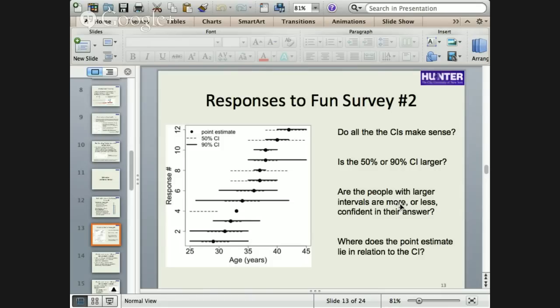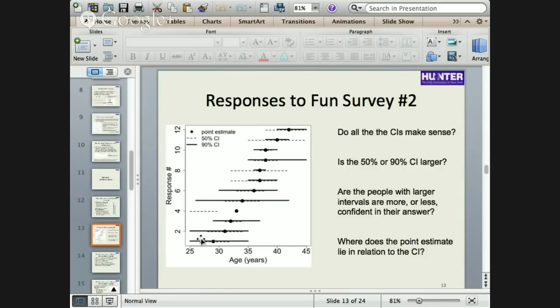I sorted them from lowest to highest based on the point guess, the single age year, which I plotted as a round dot, and then I put in dashes the 50% confidence interval, and in solid lines the 90% confidence interval.